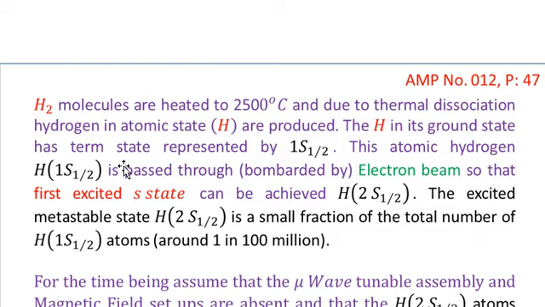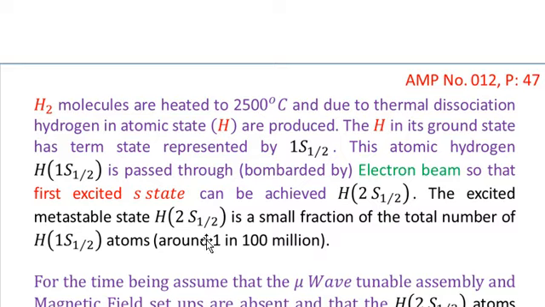The hydrogen in its ground state has a term state represented by 1s1/2. This is the ground state of the hydrogen atom. This atomic hydrogen is bombarded by the electron beam so that the first excited s state can be achieved, which is represented by 2s1/2.